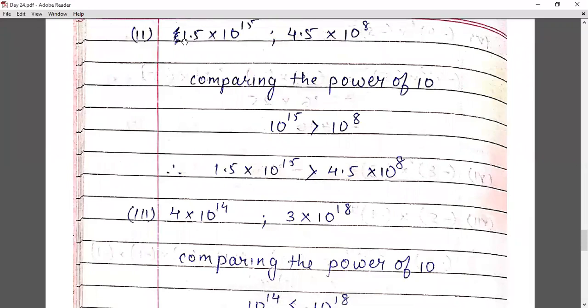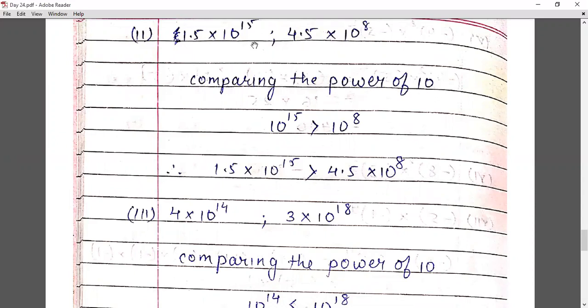Second, 1.5 into 10 to the power 15, 4.5 into 10 to the power 8. Here you will see that the numbers multiplied with the powers of 10, 1.5 and 4.5, have only one digit before the decimal and one digit after the decimal. So we won't pay attention to the numbers 1.5 and 4.5.